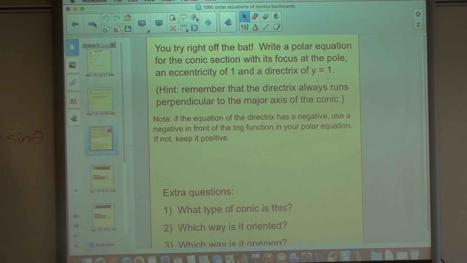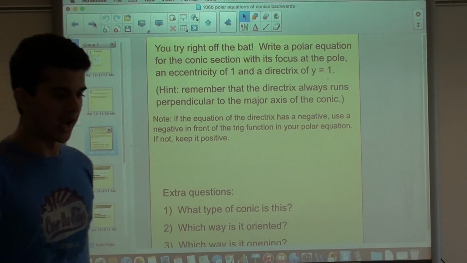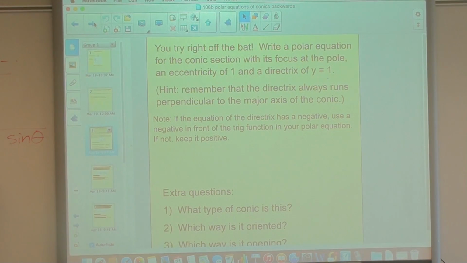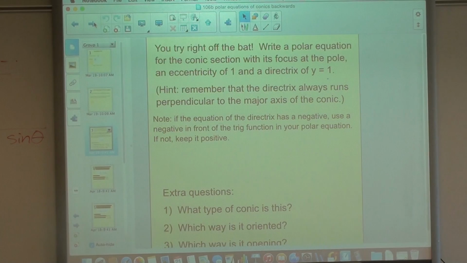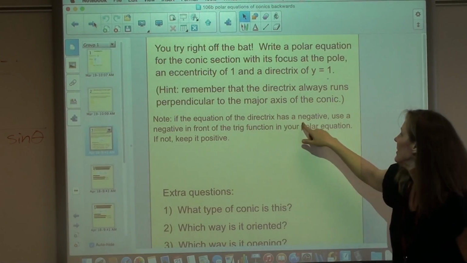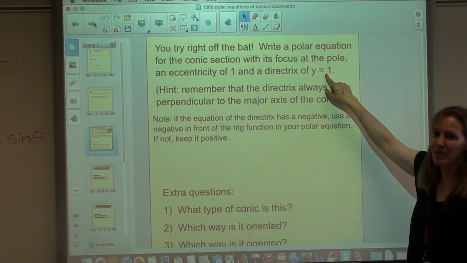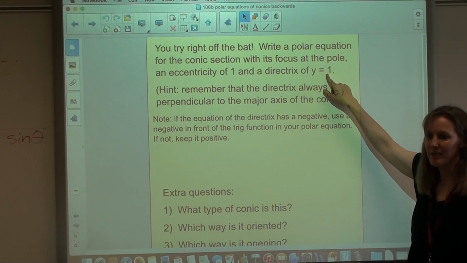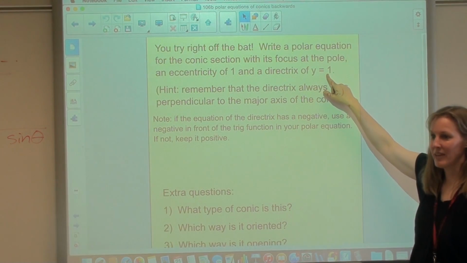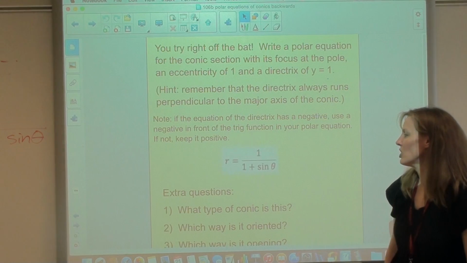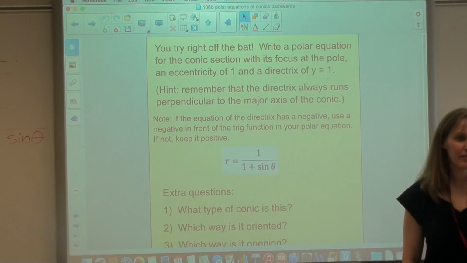Remember, if the directrix is above the pole, it's a plus. If the directrix was below the pole, it's a minus. So an easy little trick is that if it's positive, you use a plus. If this is negative, you use a minus. It's really that easy. So this equation, 1 over 1 plus sine theta, bam.